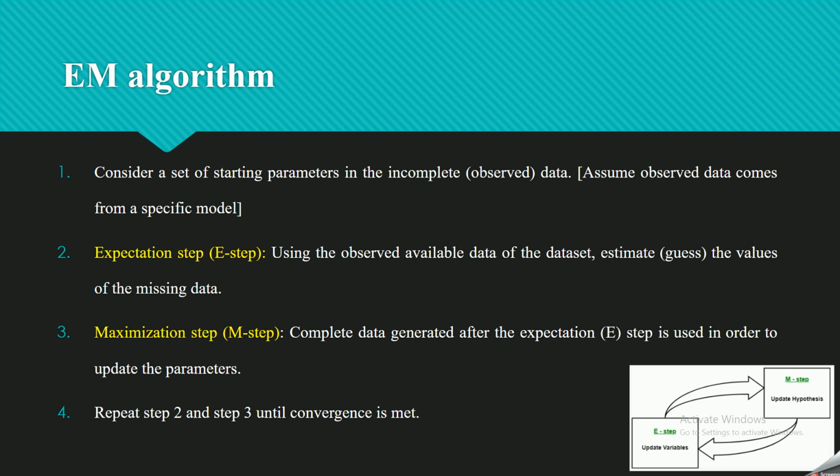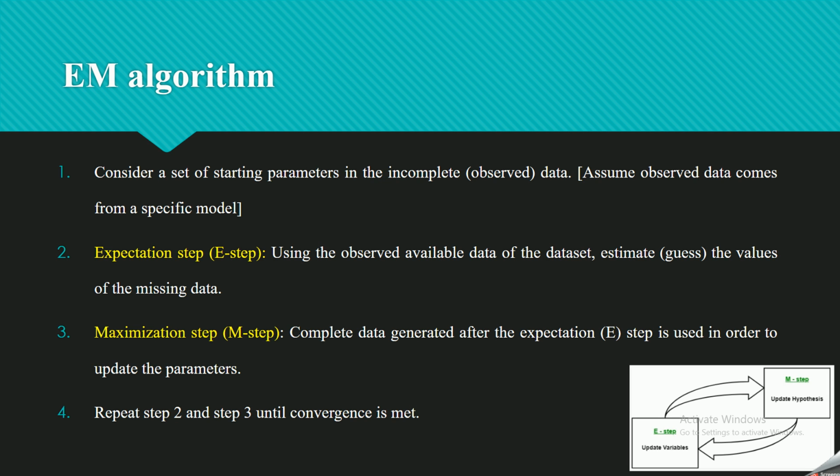So there are four major steps in EM algorithm. The first step is you have to consider a set of starting parameters in the incomplete data, sometimes called observed data. So you have got data which is incomplete or observed. From that data, you will be assuming a set of certain starting parameters.